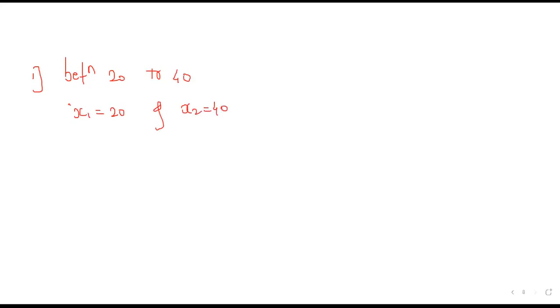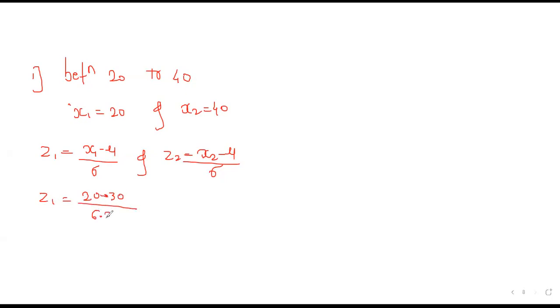Now we calculate z1 and z2. z1 is equal to x1 minus mu upon sigma, and z2 is equal to x2 minus mu upon sigma. So z1 is equal to 20 minus 30 divided by 6.25, and z2 is equal to 40 minus 30 upon 6.25. So we get z1 equal to minus 1.6 and z2 equal to 1.6.